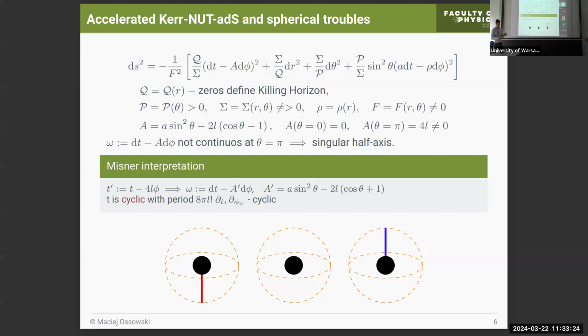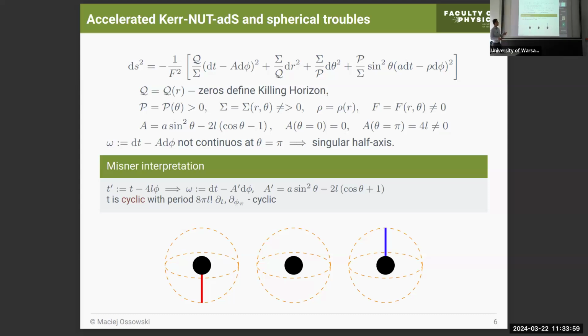And the other proposition comes from Misner, who proposed his interpretation in such a way that his observation was that if you perform this coordinate transformation, introduce this T prime, then actually the omega changes its behavior. So instead of minus, we have plus here, and now theta equal to 0 is singular. However, the other pole is completely fine.